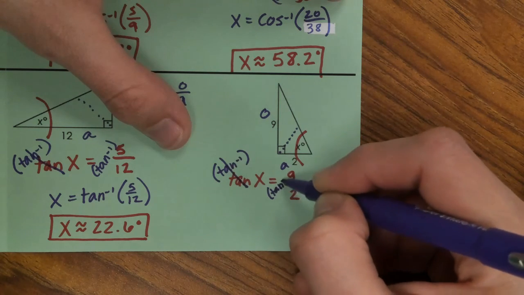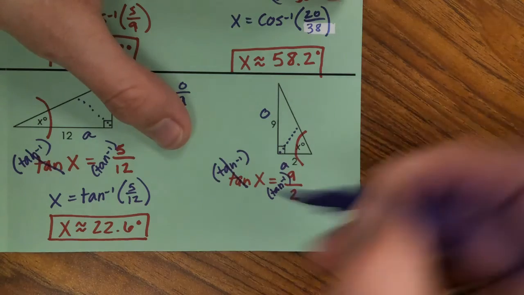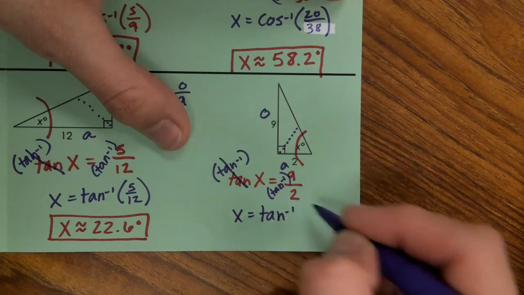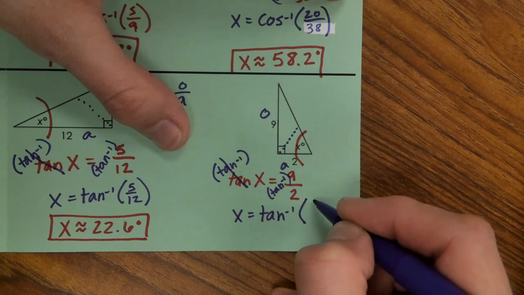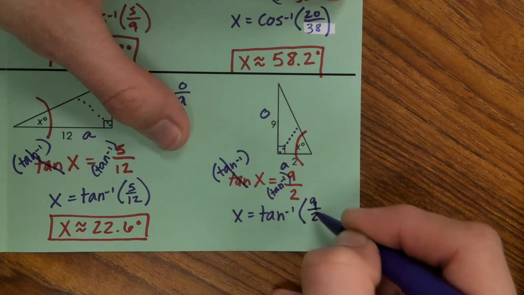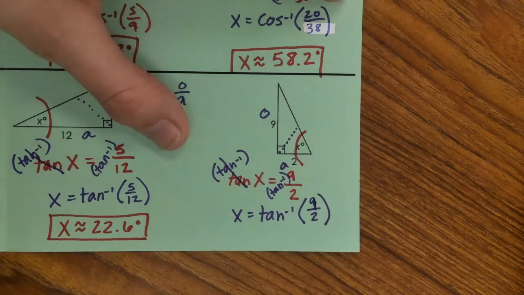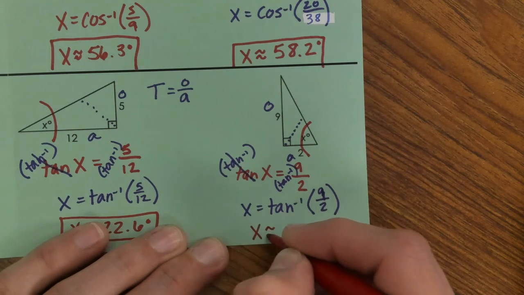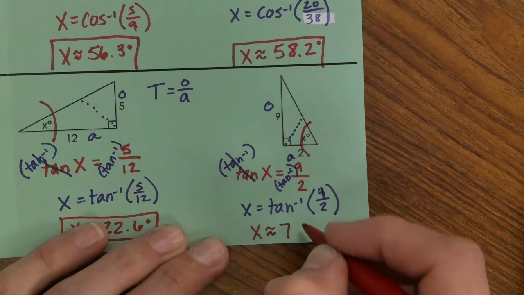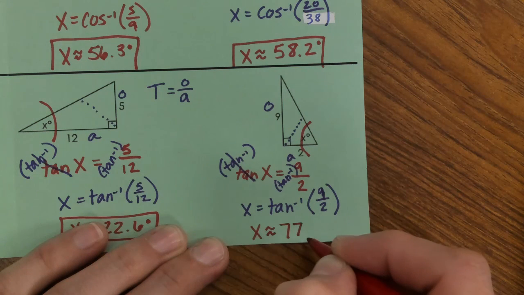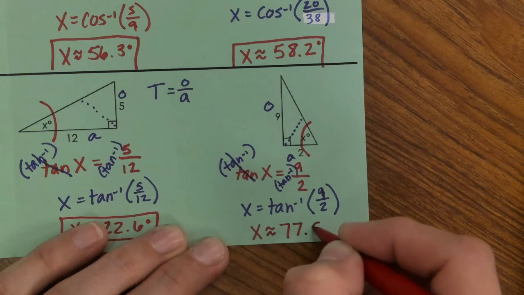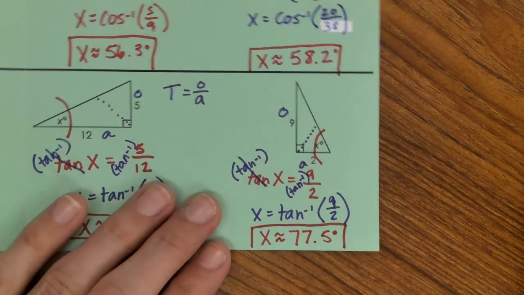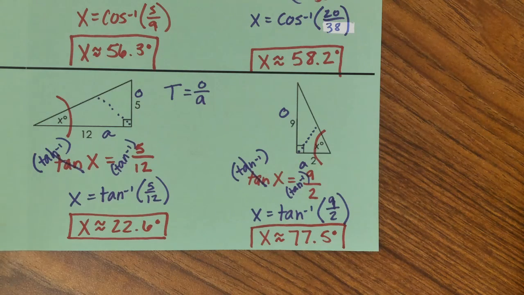What we do to one side, we do to the other. So we have X is equal to the inverse tangent of 9 over 2. You plug that into your calculator, and our reference angle will come out to approximately 77.5 degrees. Right? So easy trying to find an angle with trigonometry. I love it.